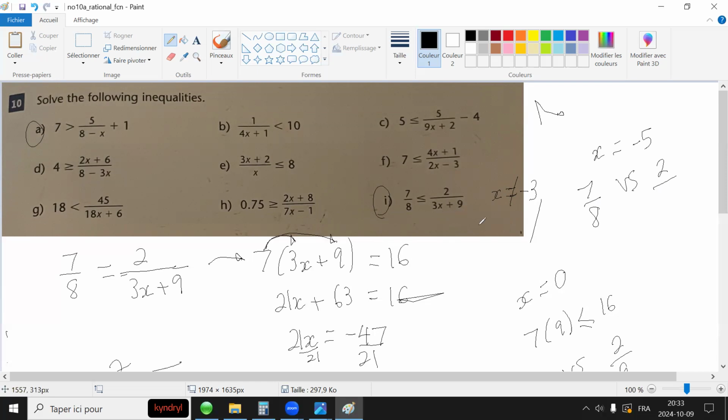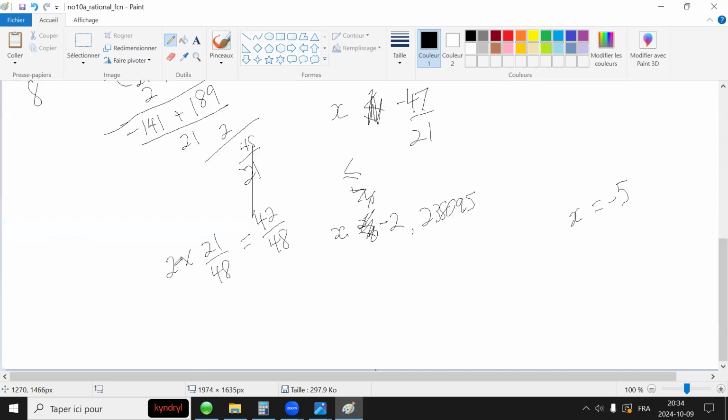So it wouldn't work. So it needs to be bigger than that. So let me try a positive 5. Yeah, so I mean it works. Okay, so let's try x bigger than, of course, the infamous minus 47 over 21.